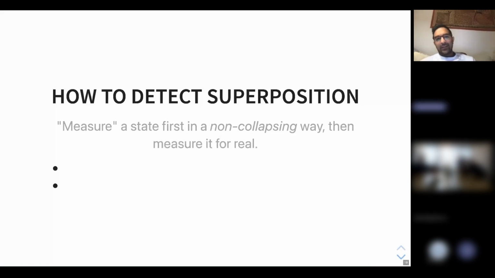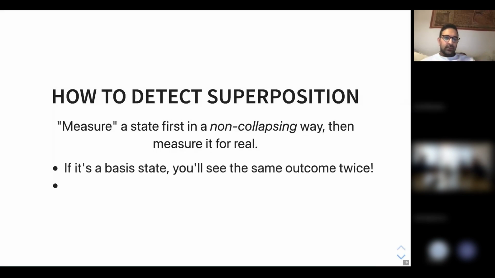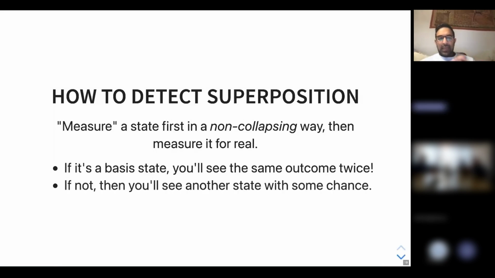Right. So maybe you sample repeatedly, and you check if you're getting consistent amplitudes, something like that. Yeah, that's exactly right. First I'll measure it once in a non-collapsing way, and then I'll measure it for real. Even just 2 measurements will give me enough gap in probability for this to work. If it's a basis state, you're always going to see the same outcome twice. But if it's epsilon far from a basis state, then with some probability you'll see 2 different outcomes.